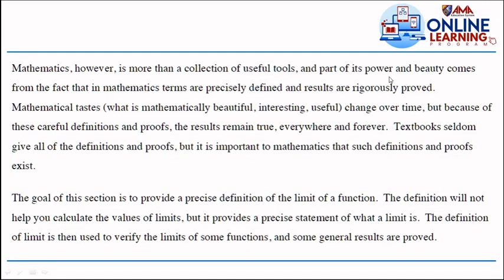And part of its power and beauty comes from the fact that in mathematics terms are precisely defined and results are rigorously proved. So mathematics texts change over time, but because of these careful definitions and proofs, the results remain true everywhere and forever. So textbooks seldom give all the definitions and proofs, but it is important to mathematics that such definitions and proofs exist.